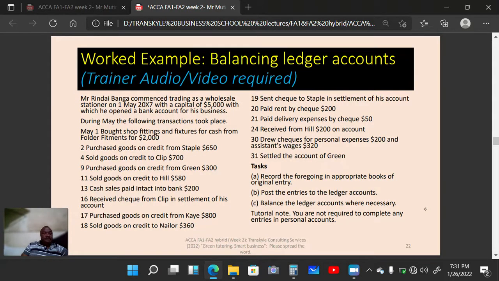Now there is an issue of balancing ledger accounts.